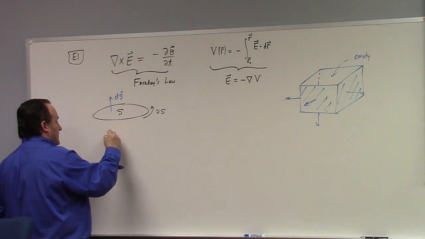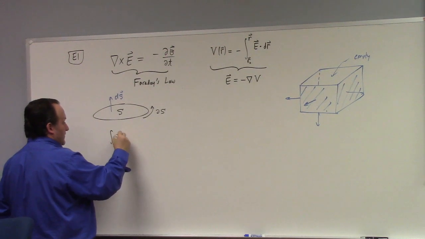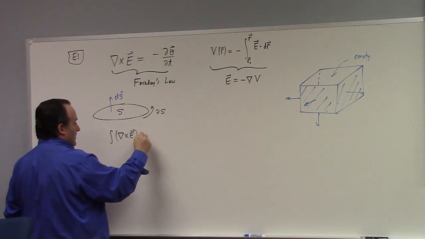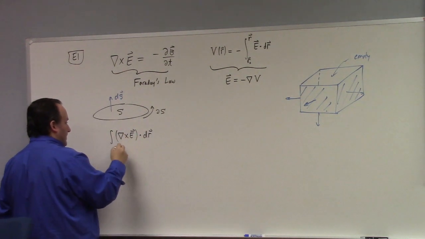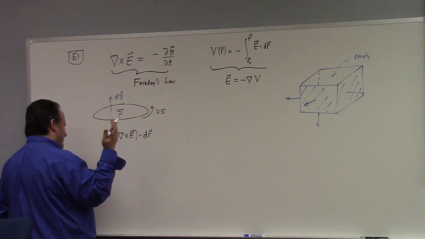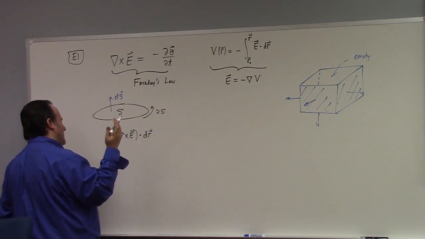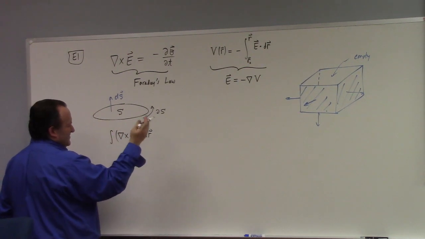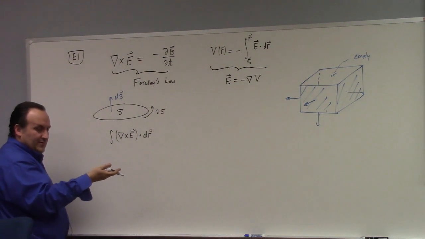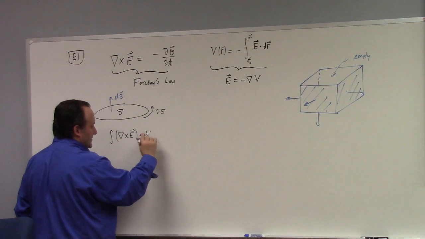We calculate the surface integral of the curl of the electric field. Oh, my bad. What's wrong with me? We calculate the surface integral of the curl. Do I put a dr here? No. It's a surface integral, so dS vector, right?